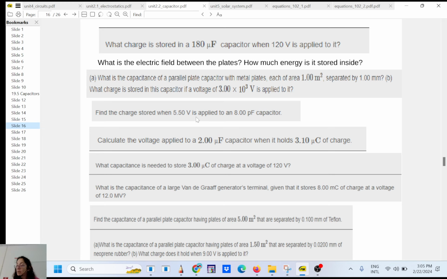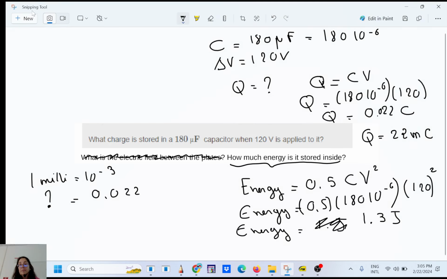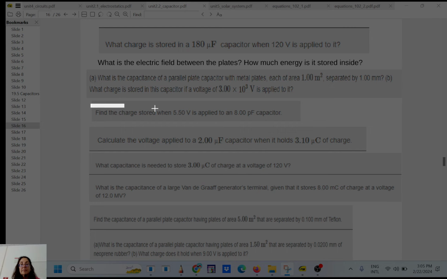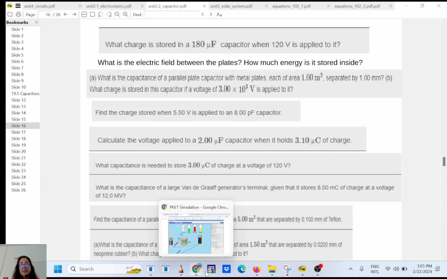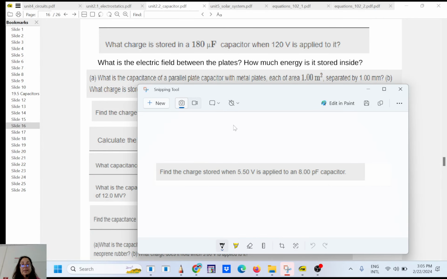What about this one? This one seems easy. So this one is easy, right? So Q equals C V. Okay. 8. Pico stands for what? 10 to the negative 12. Very good.